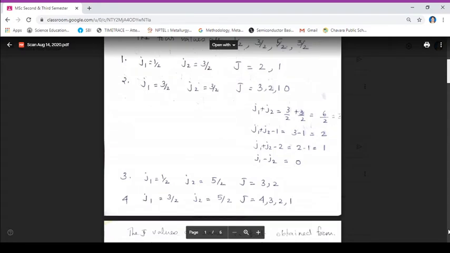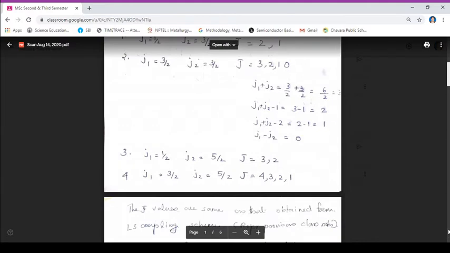Now J1 equal to half, J2 equal to 5 by 2. So 6 by 2, 3, and J1 minus J2 is 2. So only two values, 3 and 2. And J1 equal to 3 by 2, J2 equal to 5 by 2: 5 plus 3, 8 by 2, 4, and 5 minus 3 is 2 by 2, that is 1. And you have J1 plus J2 minus 1, J1 plus J2 minus 2.